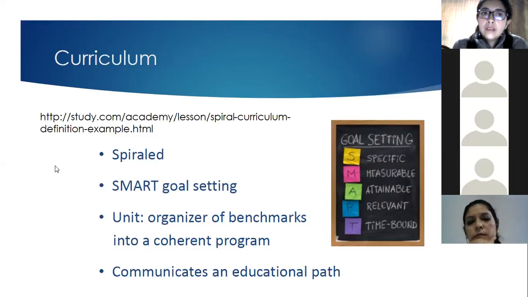Okay. So something that is important here is that when you set these goals, it communicates an educational path. So students know what path they are going to follow in order to reach that goal. Here in the presentation, there is another characteristic that is spiral.